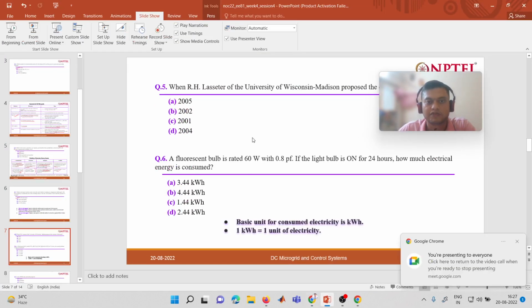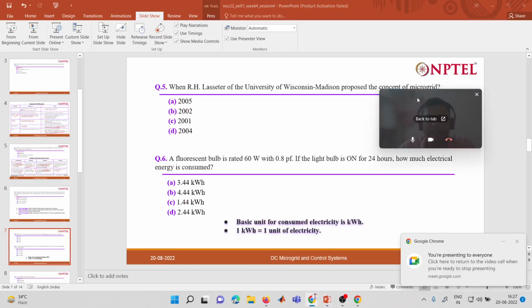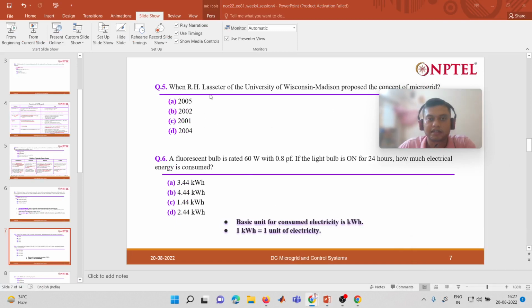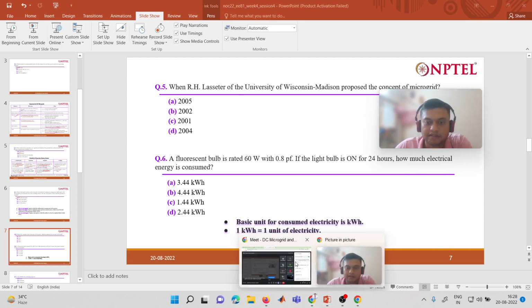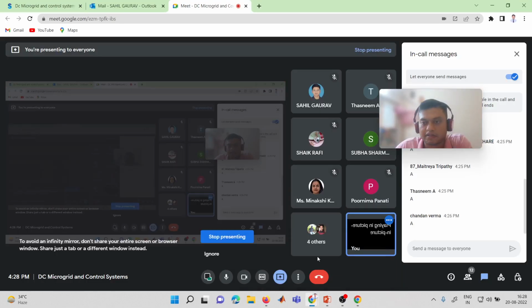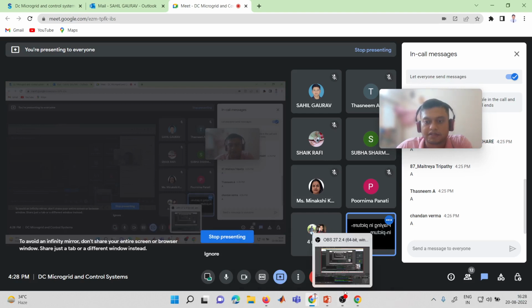So the answer of the fifth question is when this concept of microgrid came, when R.H. Lasseter of the University of Wisconsin Madison proposed this concept of microgrid. So the correct answer for this question is... Does anyone know the answer of this question?